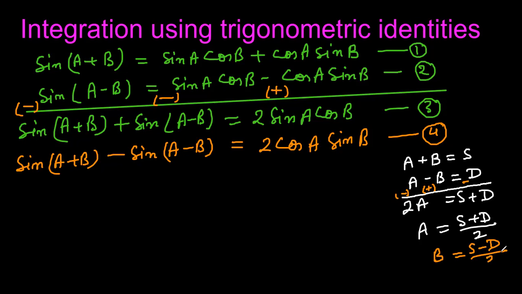divided by 2. Actually, now these formulas 3 and 4 can be transformed, and we can write formula 3 as sine of A plus B, which means sum, sine of S plus sine of A minus B, which means difference, sine of S plus sine of D is equal to 2 sine.